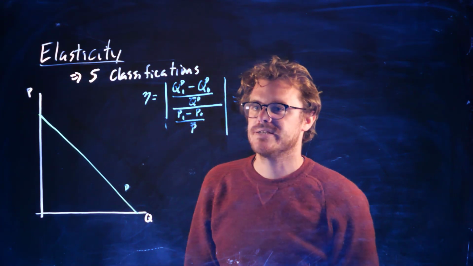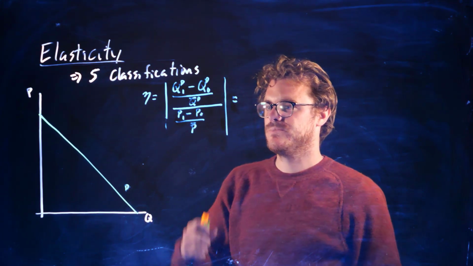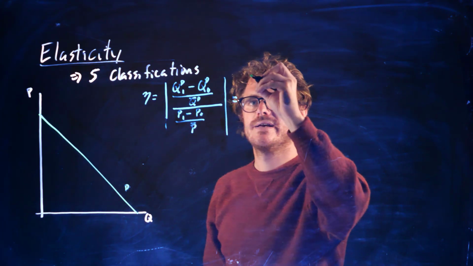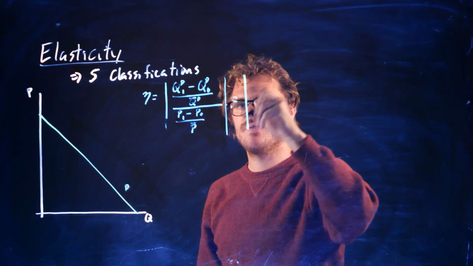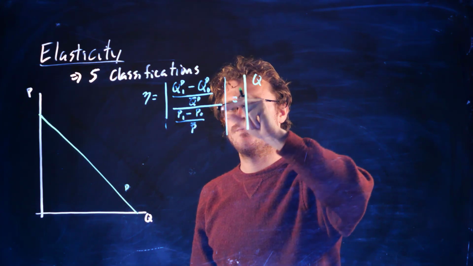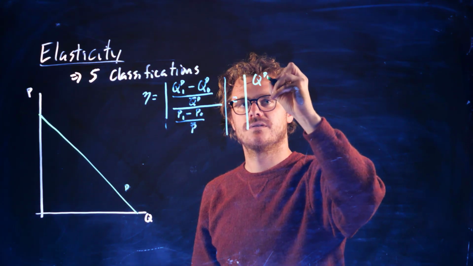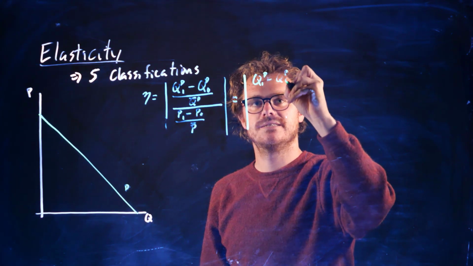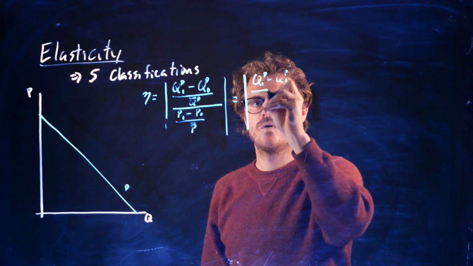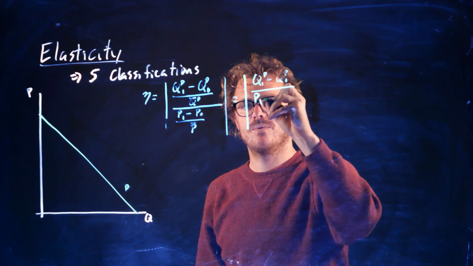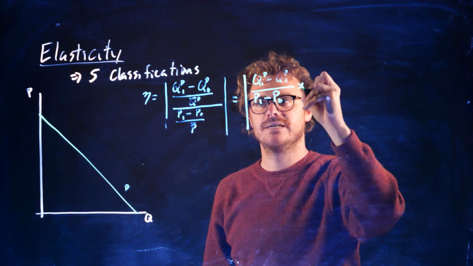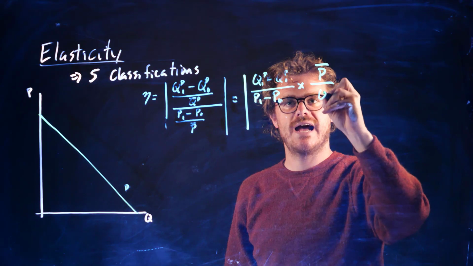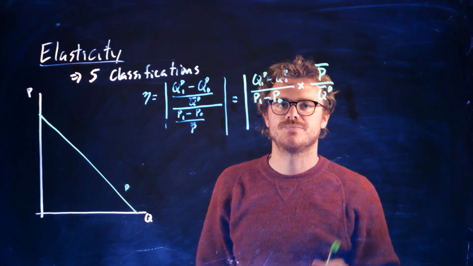Well, another way to express this fraction, we can take the denominator and flip it and multiply and rearrange a bit. And so this is mathematically equivalent if we flip it: QD1 minus QD0 over P1 minus P0 times the average price over the average quantity demanded.